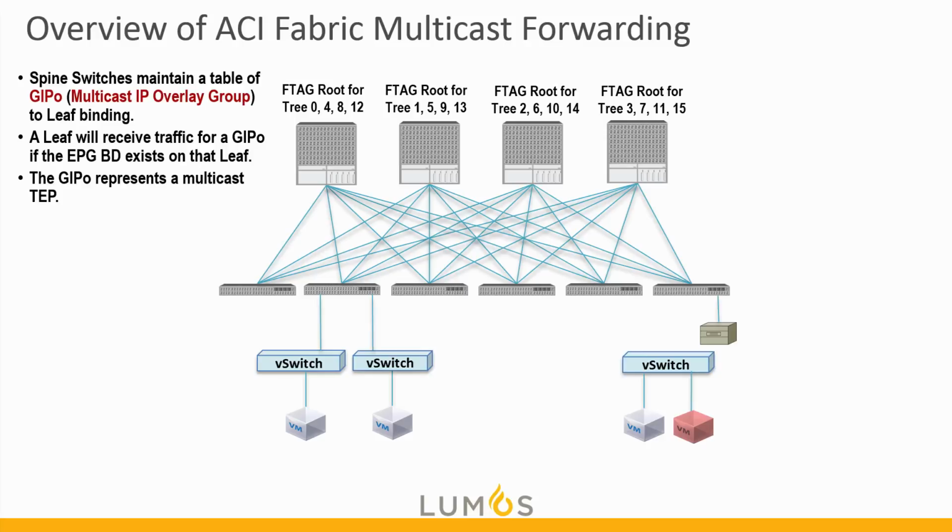And so we need to have an overlay multicast group that can be used within the ACI fabric that's unique, regardless of whether two different clients happen to have, let's say, Cisco Unified Communication Manager music on hold running at 239.1.1.1.